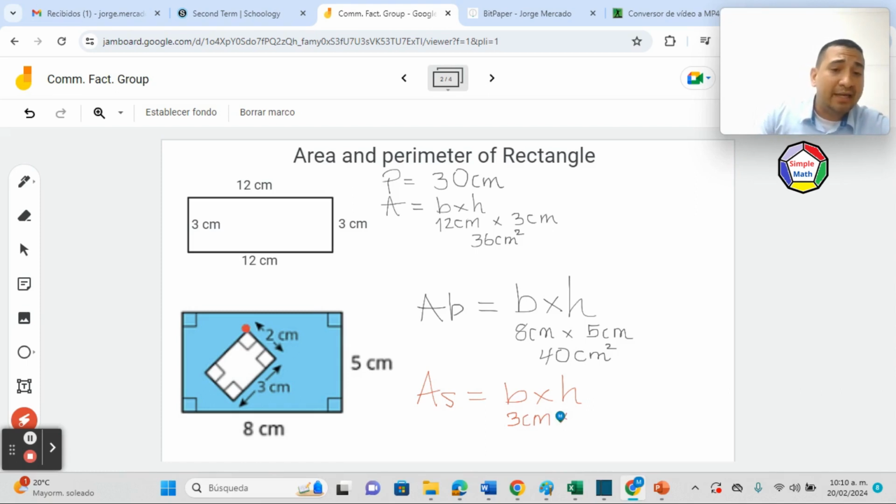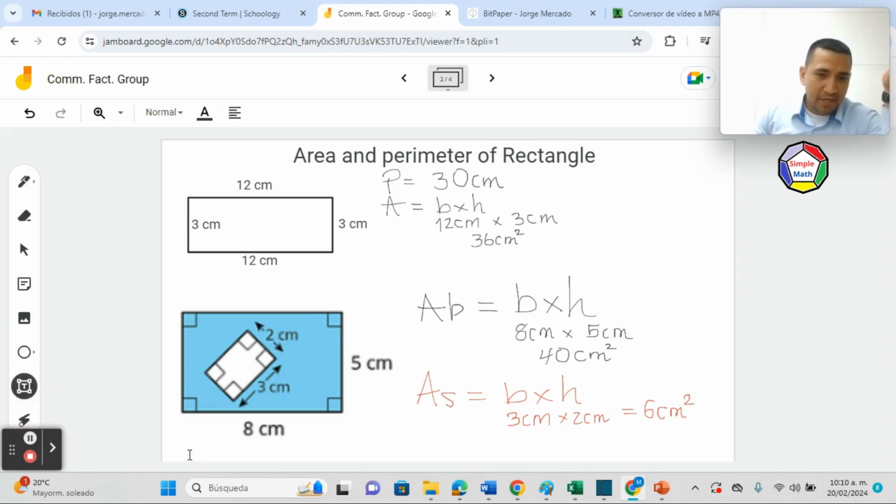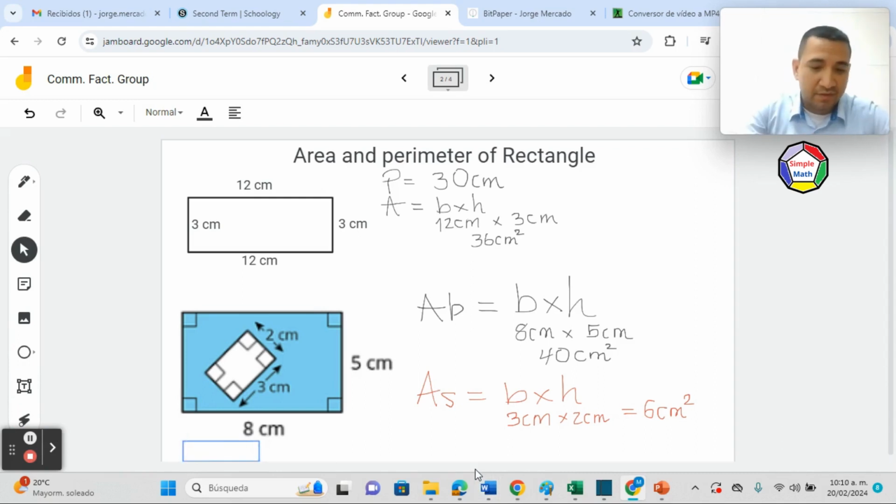But what is the height? 2 centimeters. So what is the area of this small rectangle? 3 times 2 equals 6 centimeters squared.